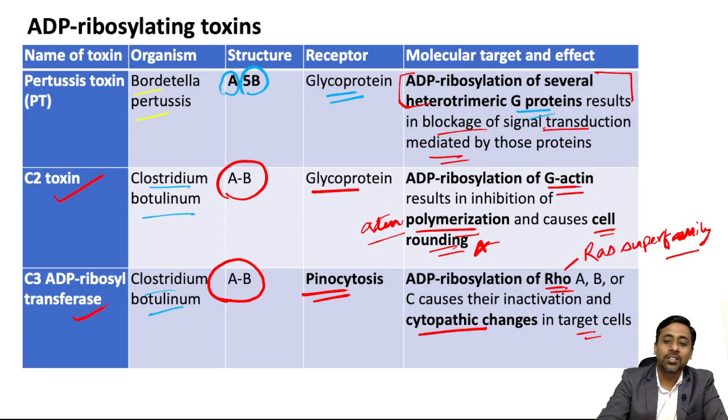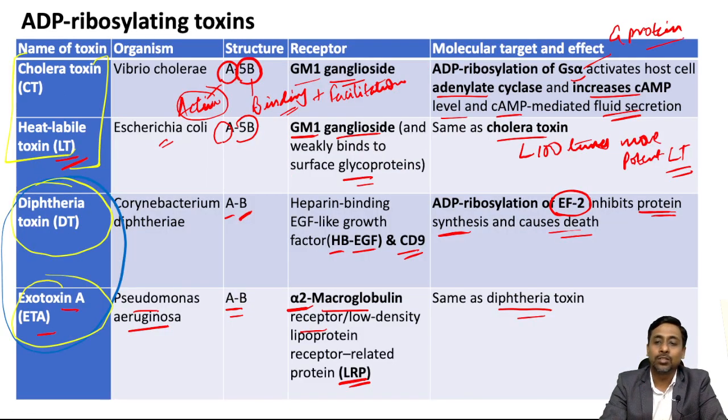The diphtheria toxin and the exotoxin A produced by Pseudomonas will also inhibit protein synthesis, but by ADP ribosylation of EF2. So EF2 is with these two, diphtheria toxin and exotoxin A. EF1 is with shiga toxin and shiga-like toxin, but EF1 is not directly inactivated in the case of shiga toxin. However, in case of diphtheria toxin, EF2 is directly inactivated by ADP ribosylation. So this is the difference.